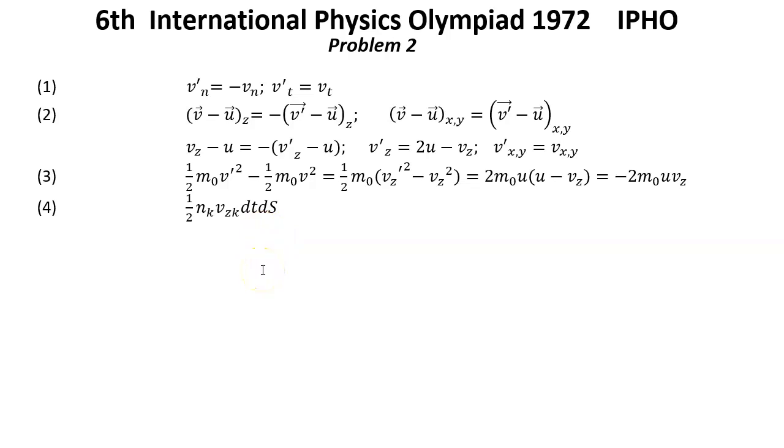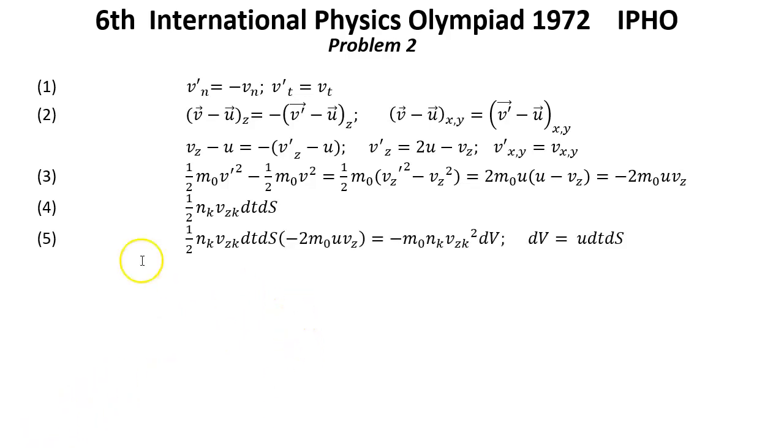These molecules will have a change of kinetic energy like this. Here we have delta V equal to u delta t delta s, the increase of the volume of gas. The change of the kinetic energy of the gas corresponding to the increase of volume delta V is this one.